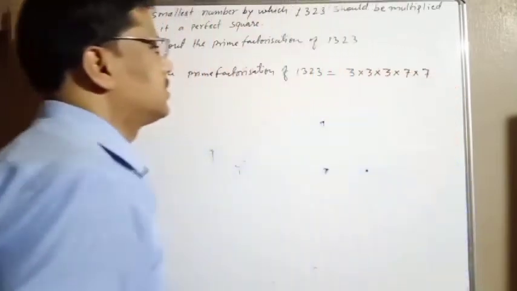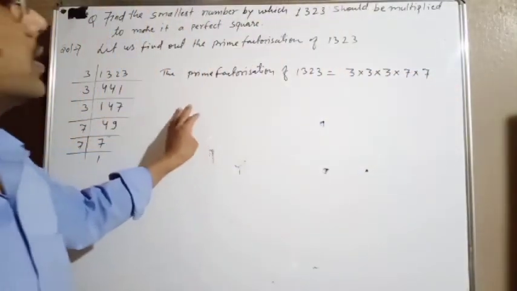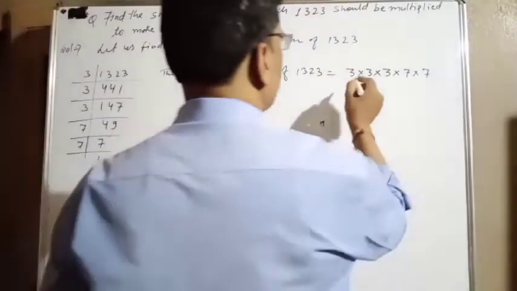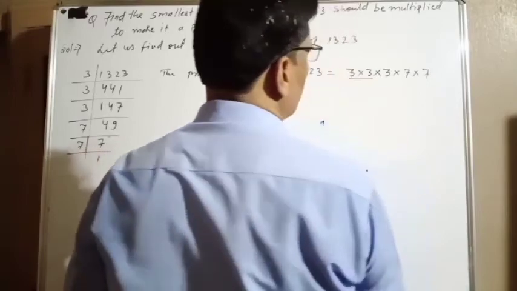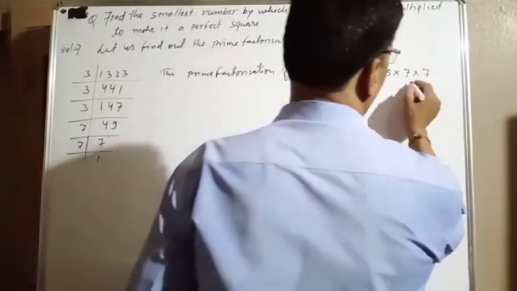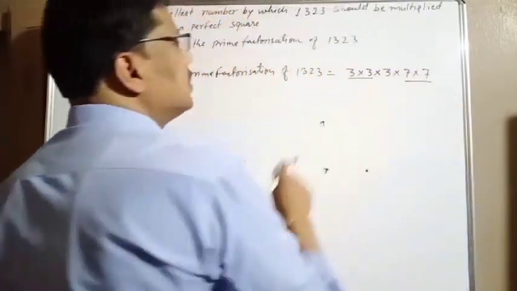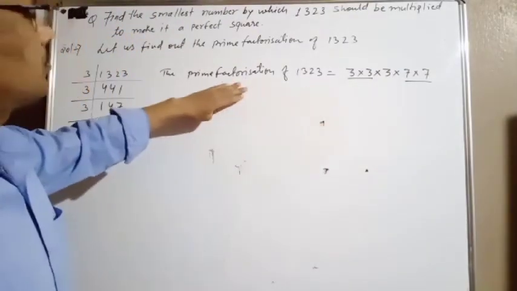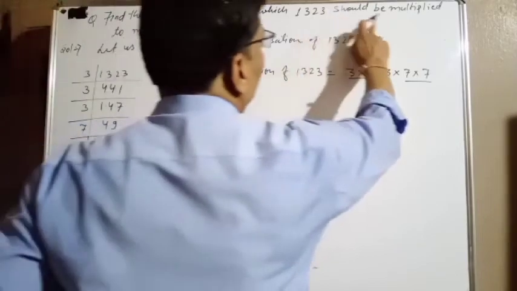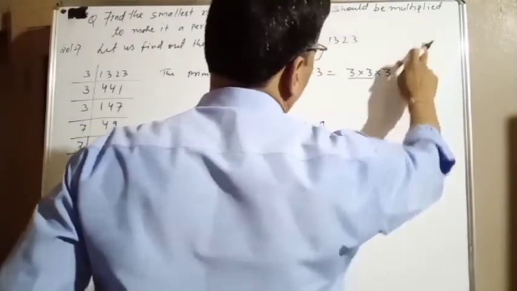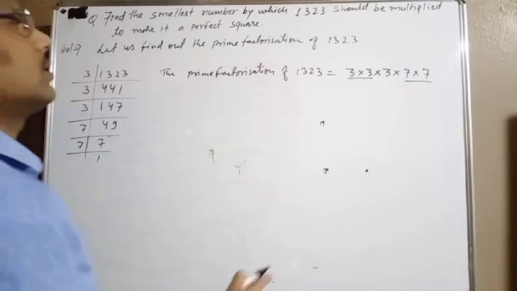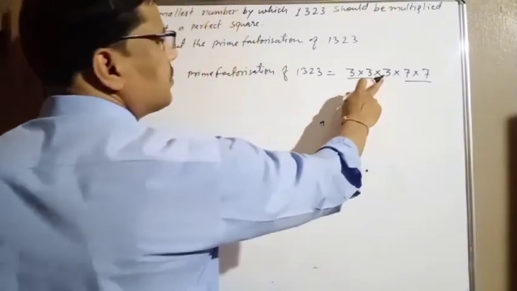And what is the second step? After getting the prime factorization of the given number, we have to make the pair. We got the pair of 3, and here we got the pair of 7. One 3 is unpaired. If we want to make it a perfect square number, we are going to multiply it by the unpaired number. Which is the unpaired number? 3. One 3 is left unpaired.